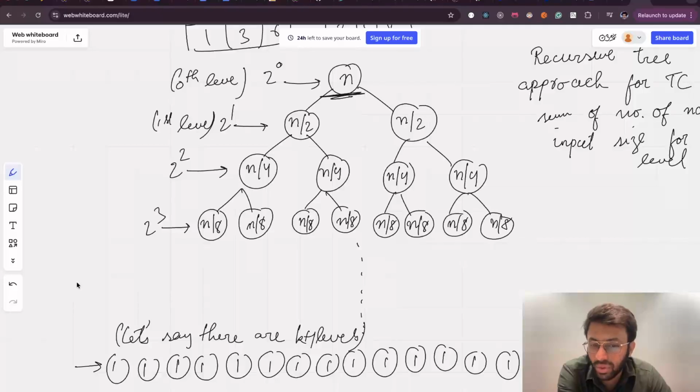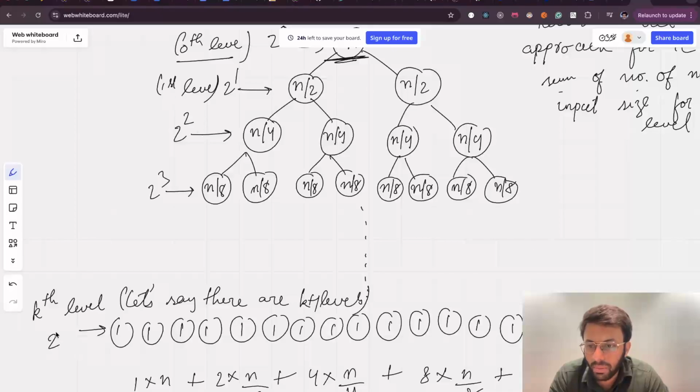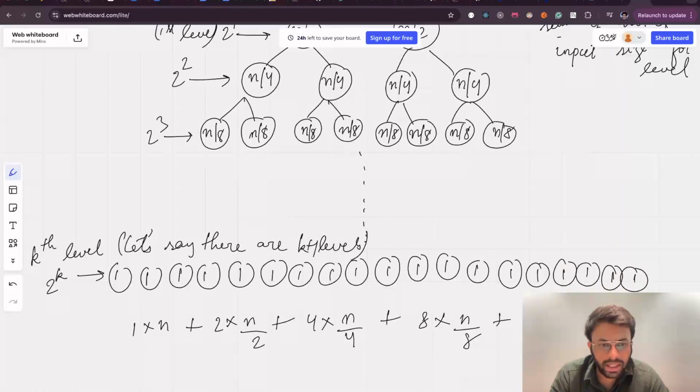So if there are total k plus 1 levels starting from 0, the last level will be the kth level. Then when I go from 0 to k, I'll have total k plus 1 levels. So here I'll have 2 power k nodes, into input size 1.